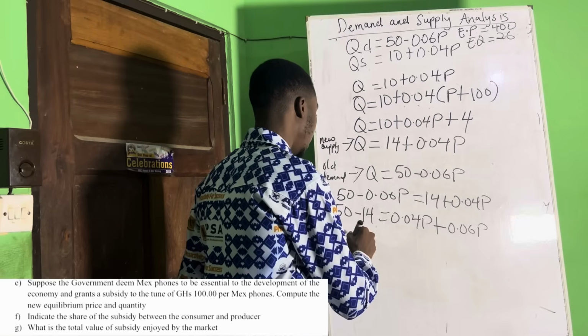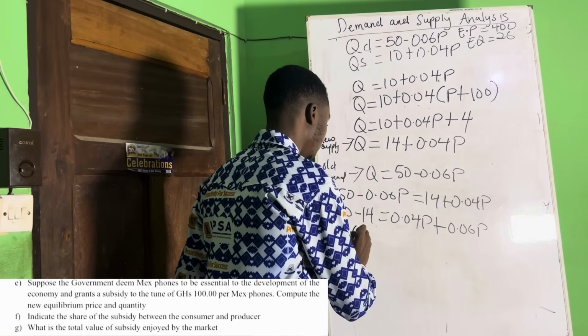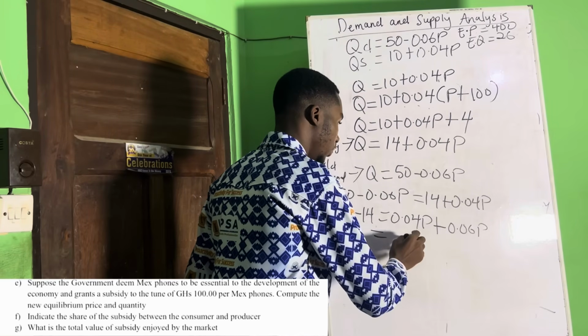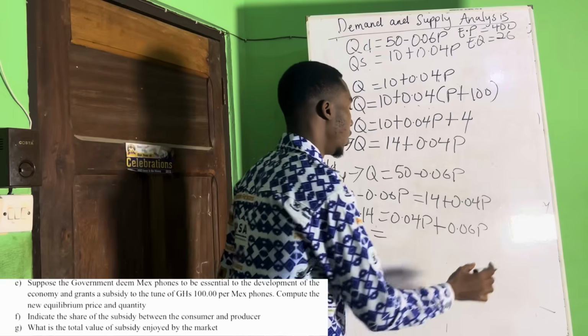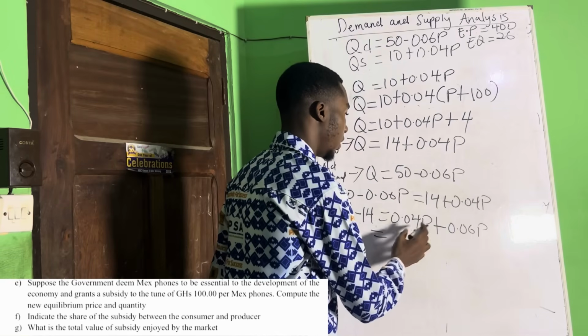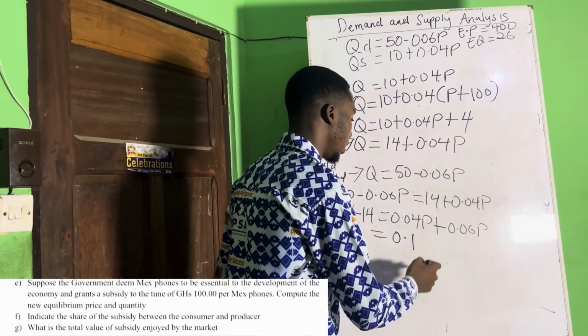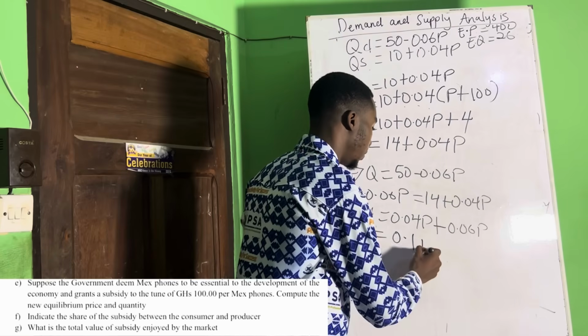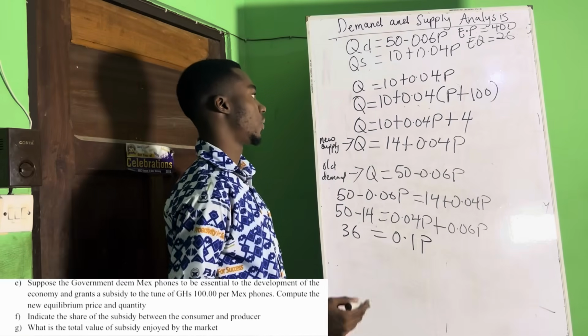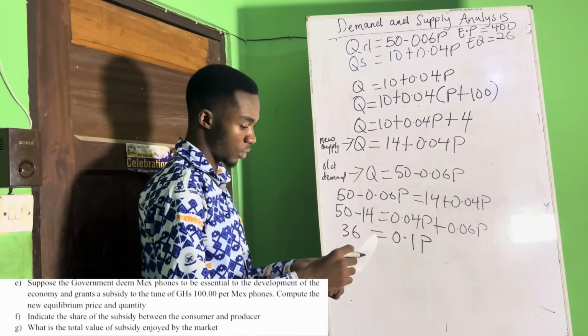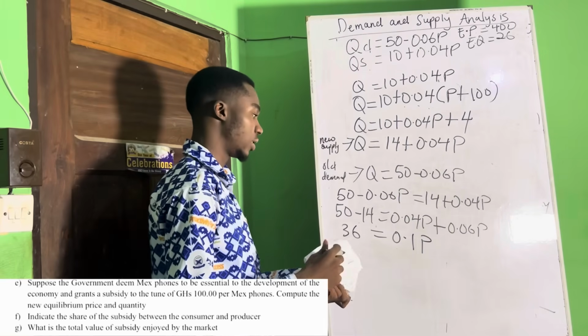So now 50 minus 14 is 36, and it's equal to 0.04p plus 0.06p. When you add the 0.04 plus 0.06, you should get 0.1, right? You can try it on the calculator. So 0.1p. Our objective is to find the new equilibrium price and the equilibrium quantity, right? It said compute the new equilibrium price and quantity.